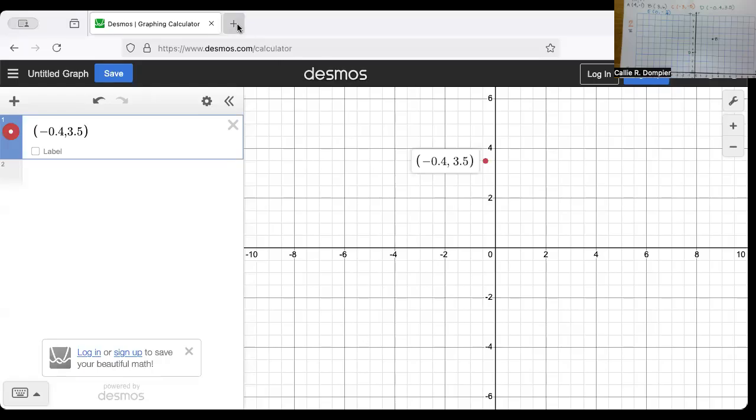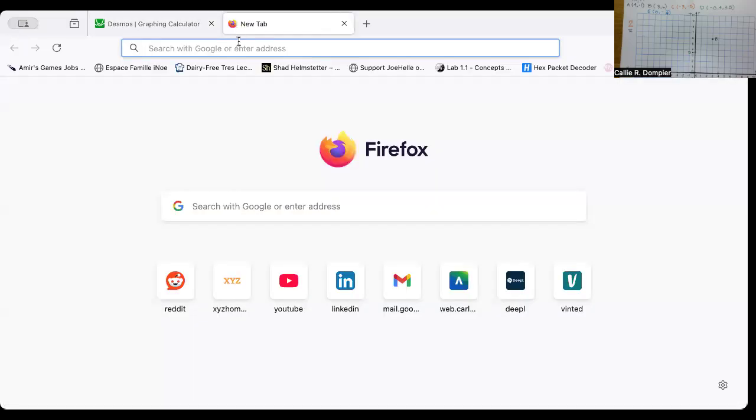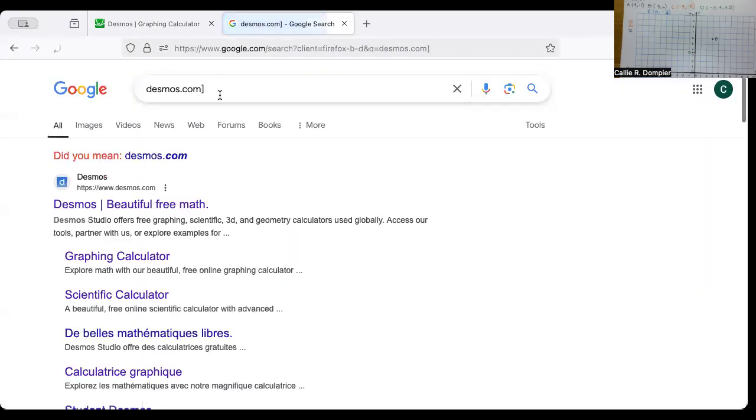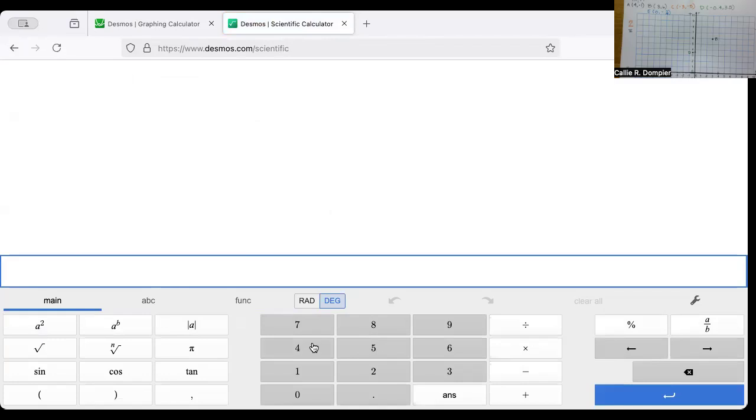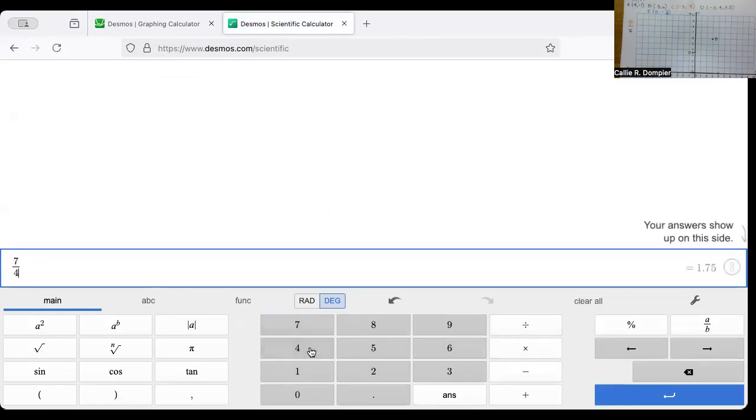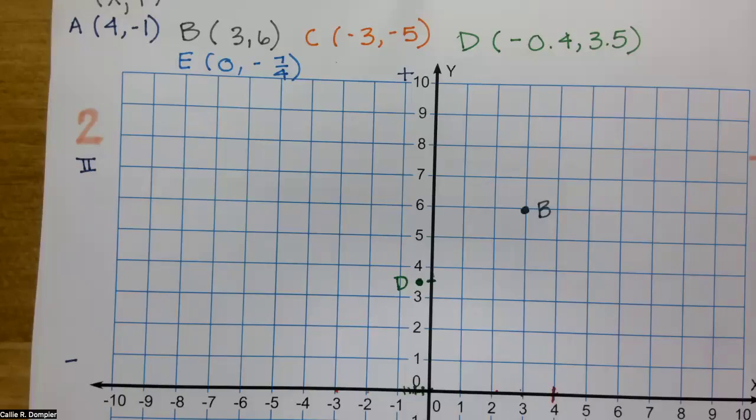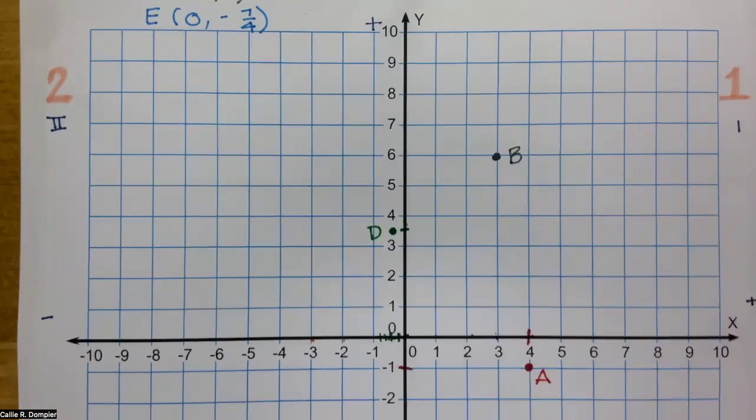Instead of the graphing calculator, we will use the scientific calculator, and we can just put 7 divided by 4 equals, and it's 1.75. That might help you if decimals are easier for you than fractions. So it's going to be between 1 and 2, and it's going to be 75% of the way between 1 and 2.